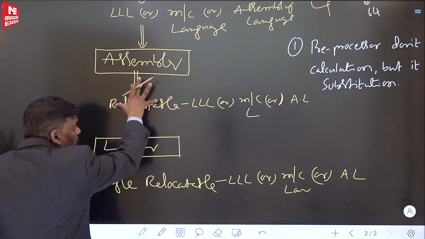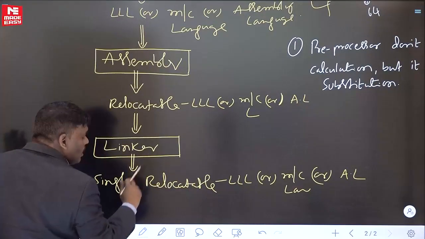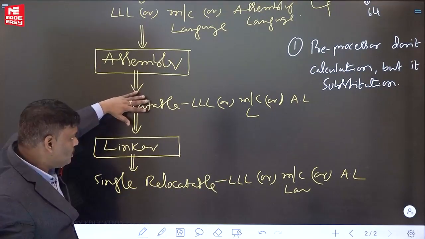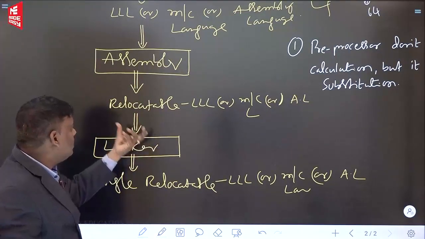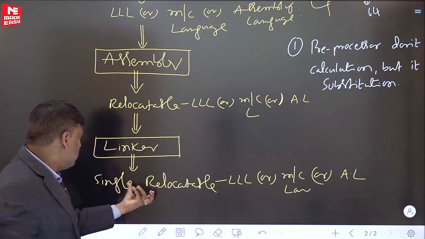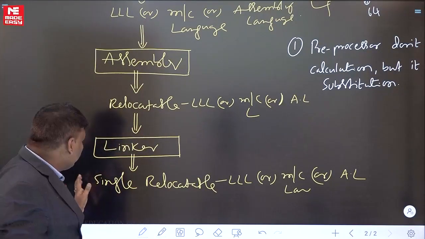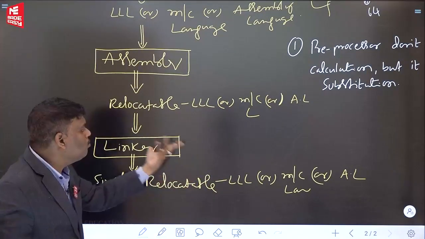You will make all the 90 into one. That is called a single relocatable low level language. I have so many relocatable files here, and to run my project, you will bring only those which are necessary. You will make all the necessary things into one bundle. So one file, that is called a single relocatable low level language.